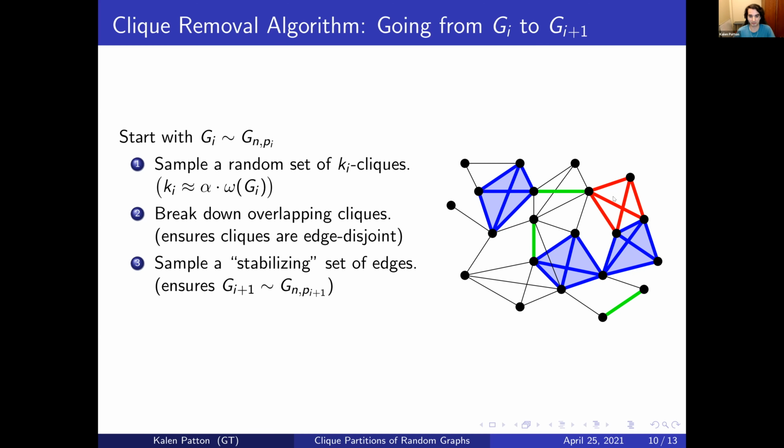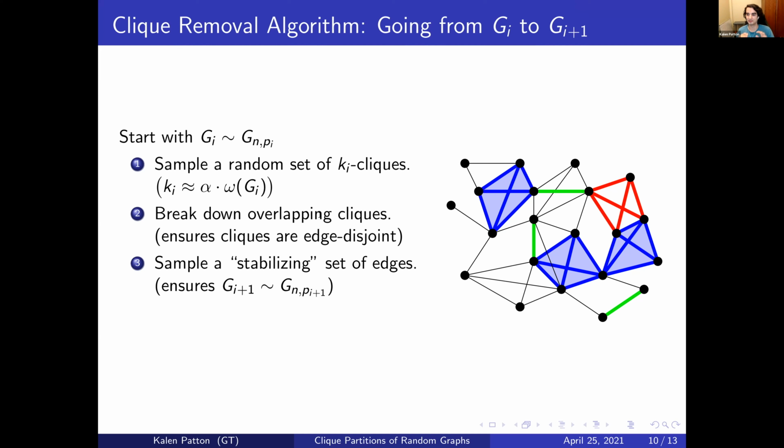That's what gives us these pseudo-random properties of resembling Erdős-Rényi graphs. But you might notice that in the early steps of the algorithm, if an edge is contained in a lot of k_i cliques, it has a much higher chance of being removed. If it's only contained in a few k_i cliques, it has a much lower chance of being removed, because there are fewer cliques that may be selected to remove it from the graph.